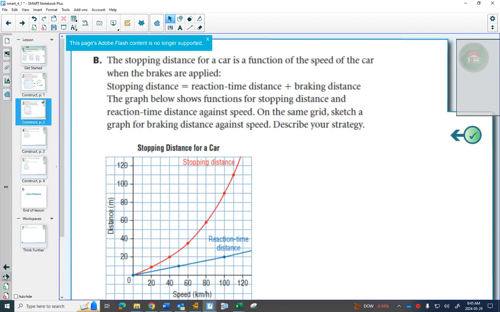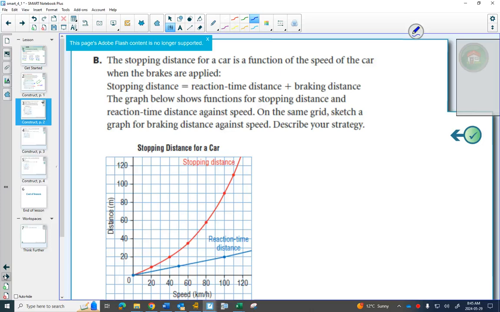Now we get one with subtracting. They give us an equation here. They say that the stopping distance for a car is a function of the speed of the car when the brakes are applied. Now, if you imagine you're going in a car and something jumps out in front of you and you feel the need to stop, right?